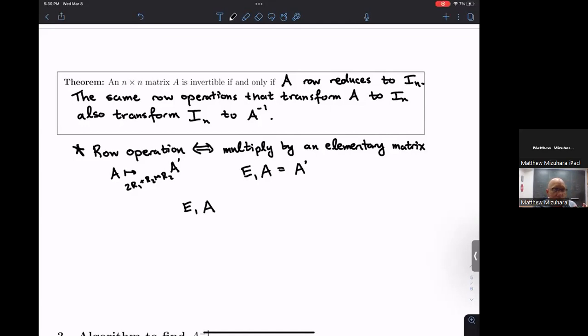And then if that's not the identity yet, I need to apply a second row operation, which means multiply on the left again by another matrix, E2, and so on. You continue applying row operations, and after a while you'll apply your last row operation, and finally, after all of these multiplications, you should end up with the identity matrix.